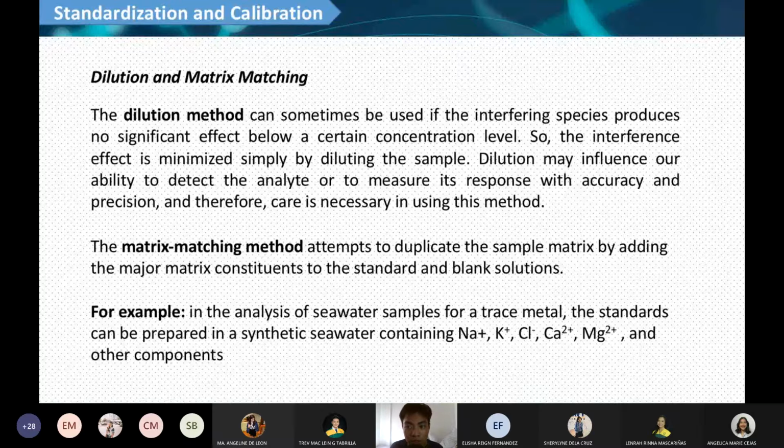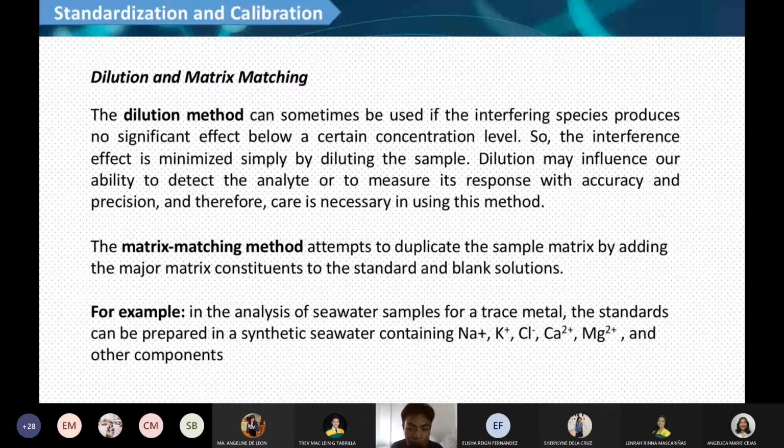What you're trying to do here is that you add the water to your solution so that the concentration of the interferences will become lower. Okay? So, naglalagay ka ng water para yung concentration ng interferences bumaba. Pero ang consequence nito is that yung analyte mo, pwede ring bumaba yung concentration niya.